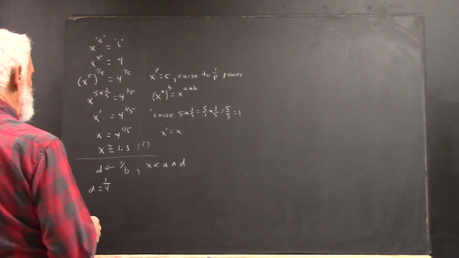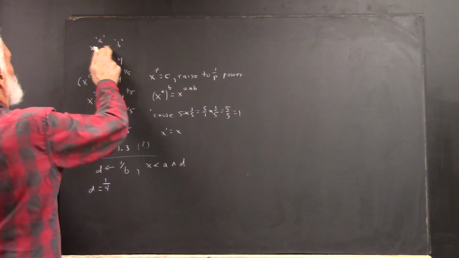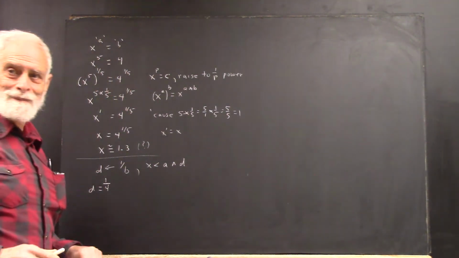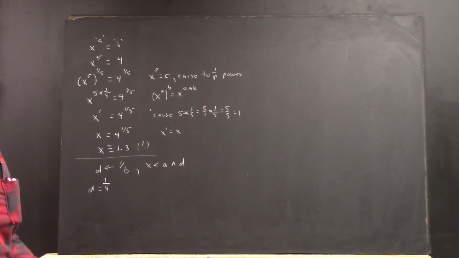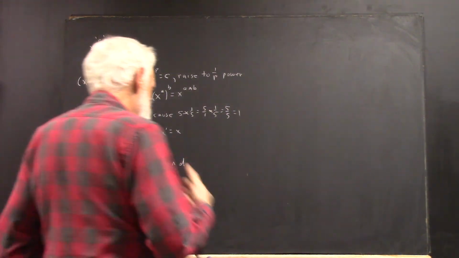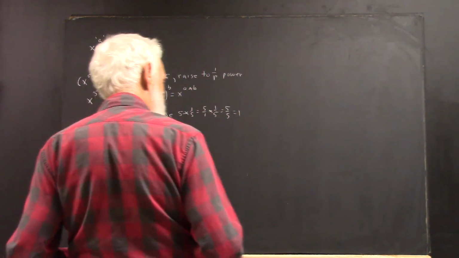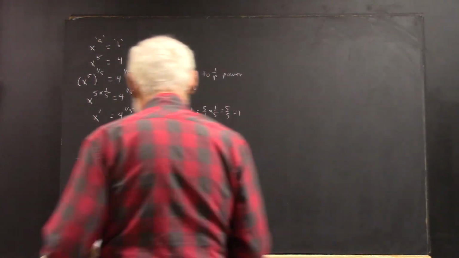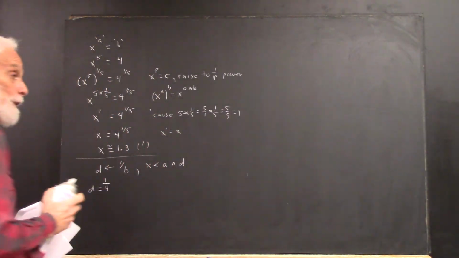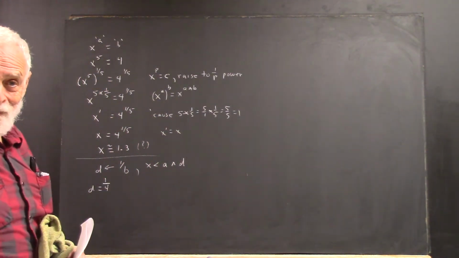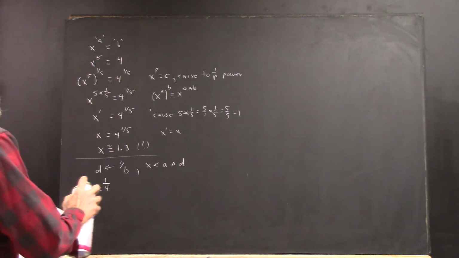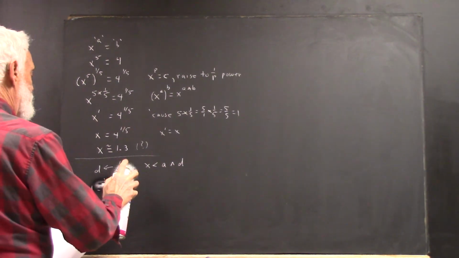Uh-oh. It's supposed to be x to the b equals a. So the calculation scheme that I gave applies to the problem on the sheet. It doesn't apply to this problem, so I've got to fix it.